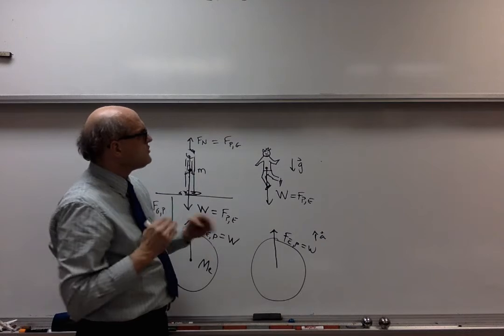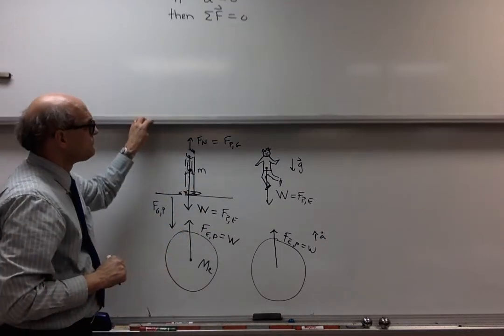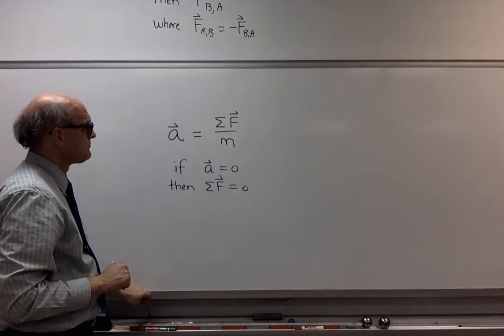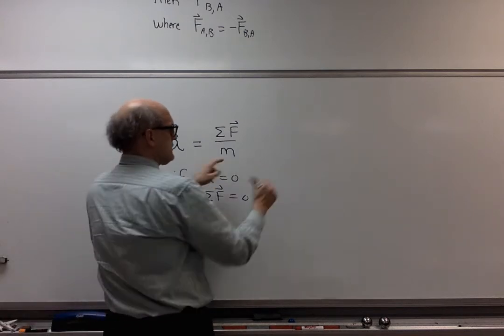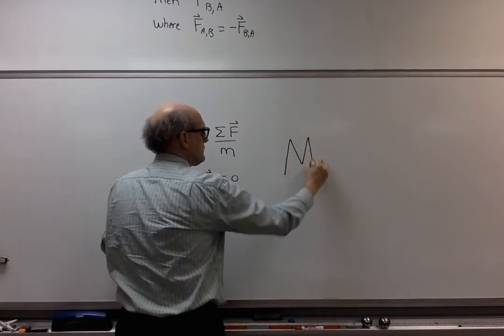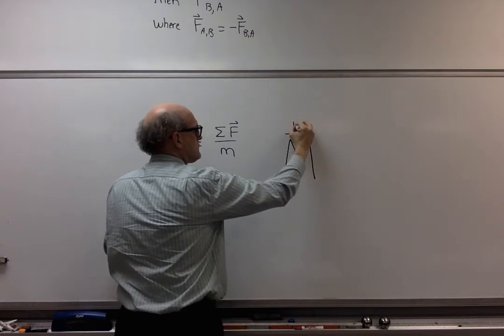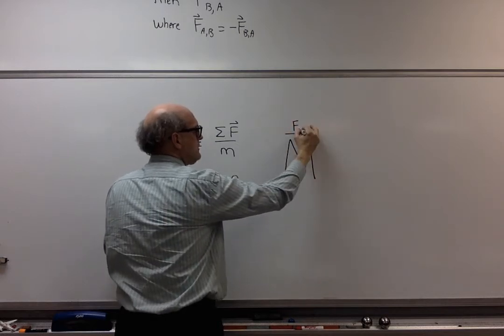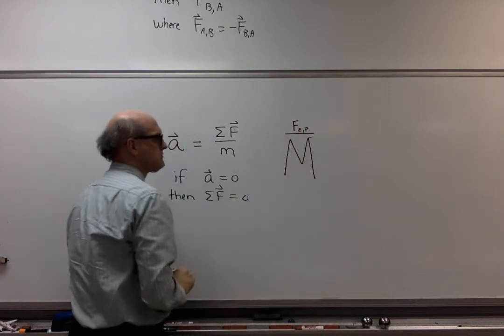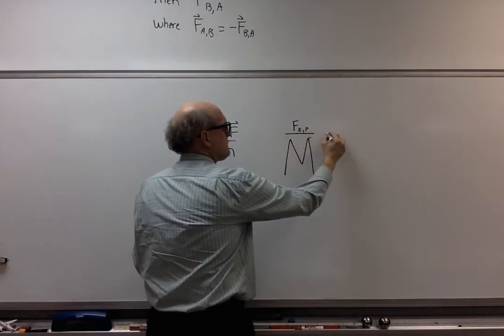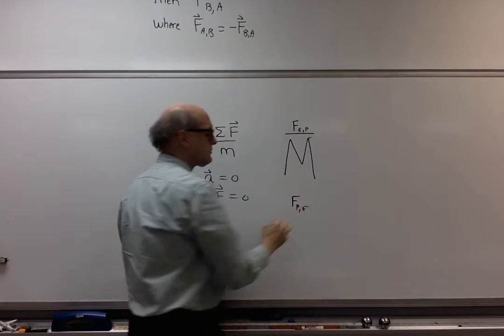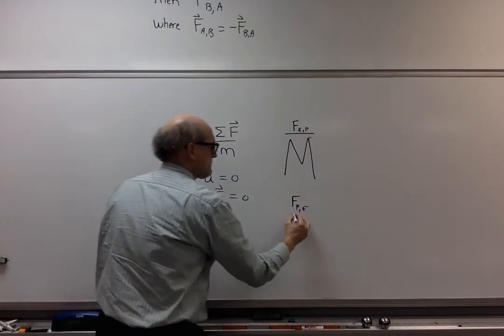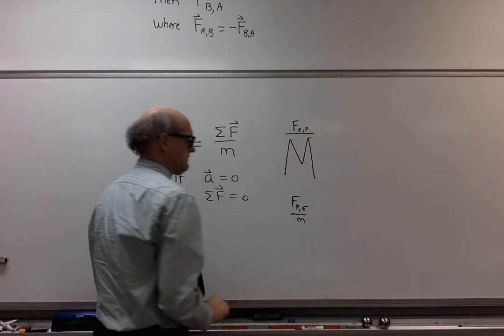Because if you look at Newton's second law, the mass of the Earth is huge. You have this force on the Earth due to the person. And then we have the same force on the person due to the Earth, but oppositely directed, and that's divided by a little mass.